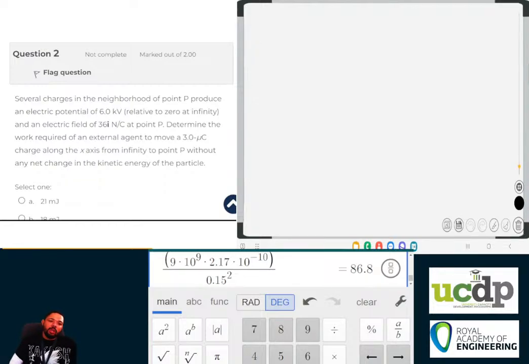Now determine the work required of an external agent to move a 3 microcoulomb charge along the x-axis from infinity to point P without any net change in the kinetic energy of the particles. So, how do we go about this? Work is equal to charge times the change in the electric potential.